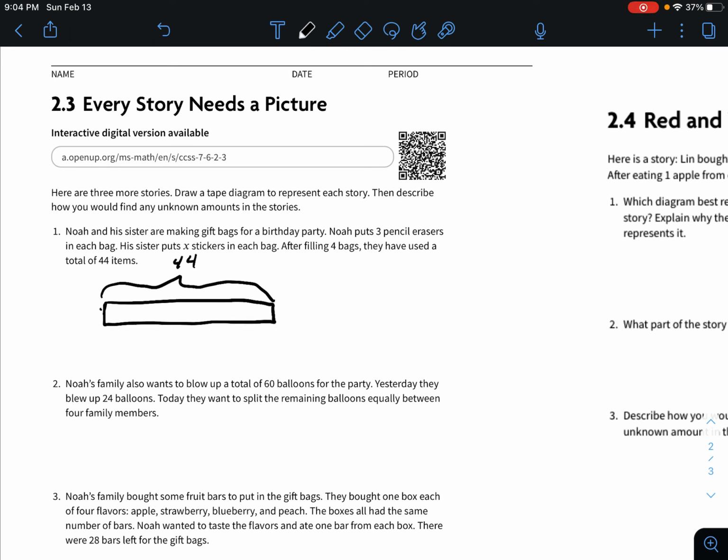And so now we have a piece of tape, and they make it into 4 bags. So fold that in half, and then half each of those. Now let's just assume those are all equal size. They're close, but they might not be exact. So we know that there were 3 pencils and X stickers in each bag.